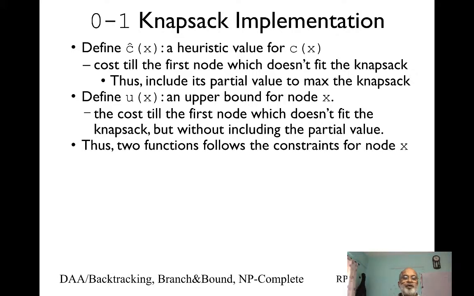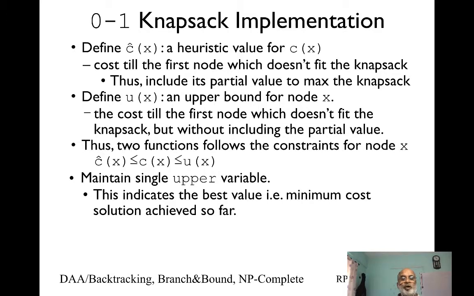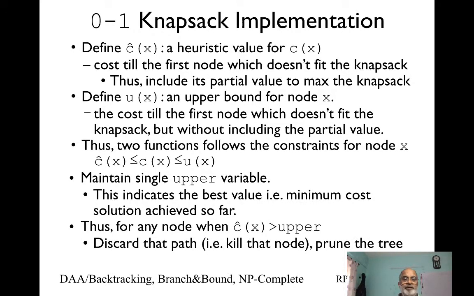Fundamentally, my heuristic value should be less than my upper bound because we're looking at a minimization problem, and as and when the cost becomes more than the upper bound, we need to kill that node. So the moment the cost exceeds the upper bound, we kill that node, and that's how we can prune this search.